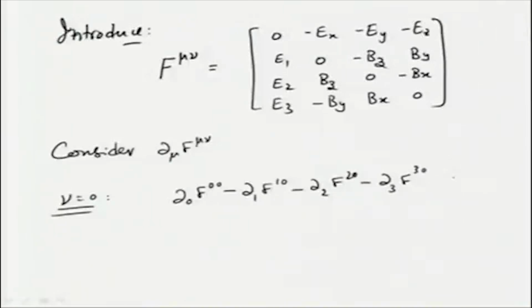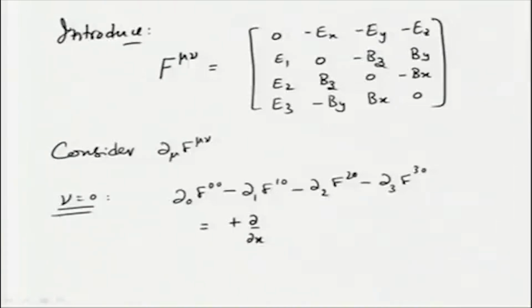The first term is 0. For the second term, dou mu is with a minus sign, so it is minus dou by dou x, but there is already a minus sign there. This is a covariant vector, so there is a minus sign associated with this, and it is plus here.